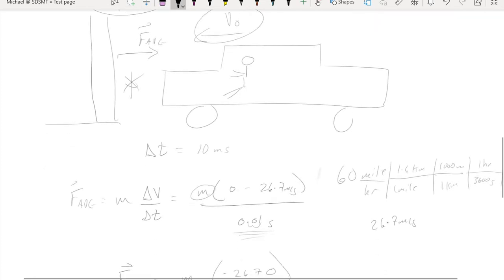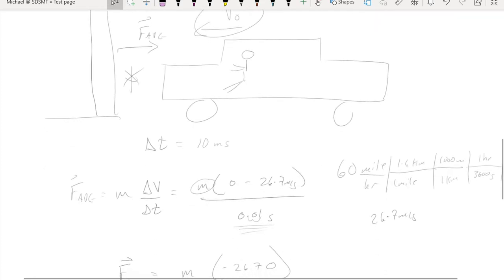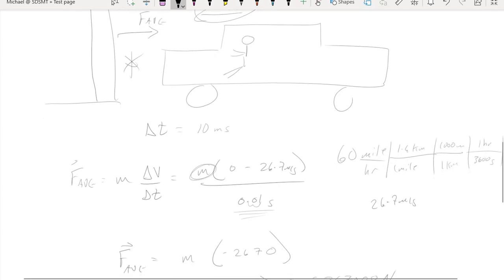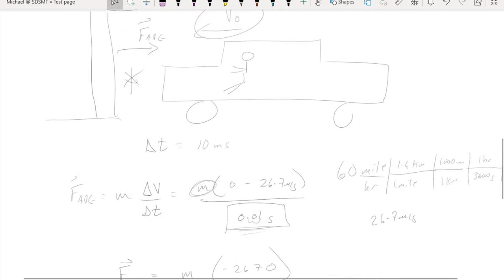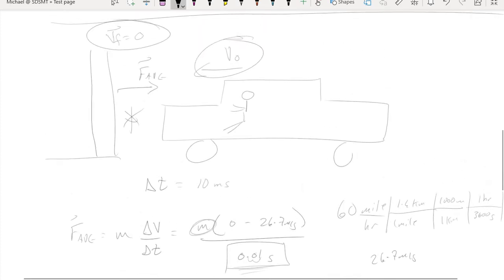We still have to go from 26.7 meters per second to 0 meters per second. There's nothing that we can do about the mass of you. But what we could do is extend the amount of time that it takes for the passenger to come to a halt.